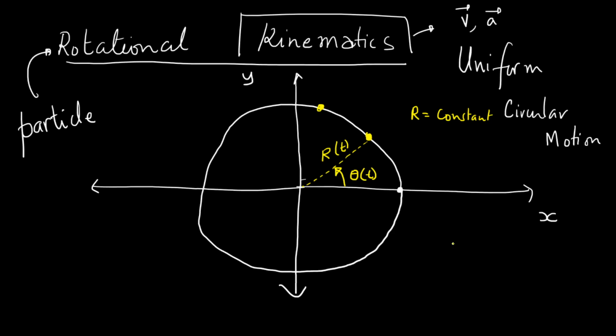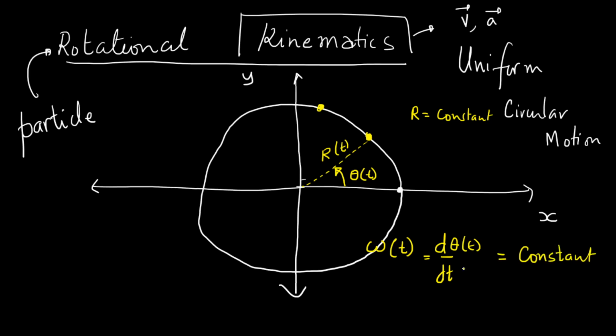In other words, the rate of change of the angle, which in our previous class we decided to call omega, the angular velocity, which is a function of time, is given as a constant.